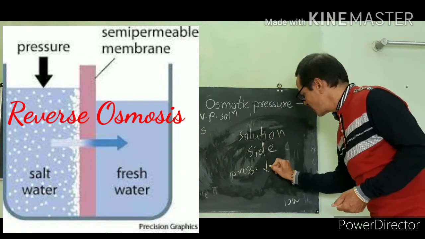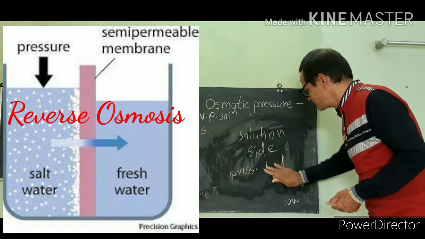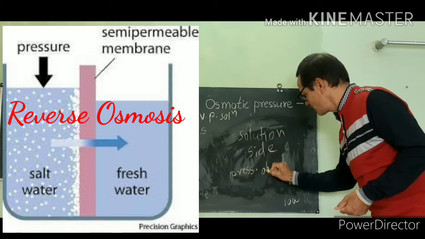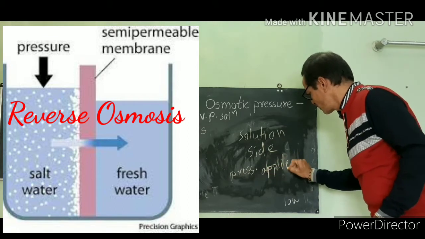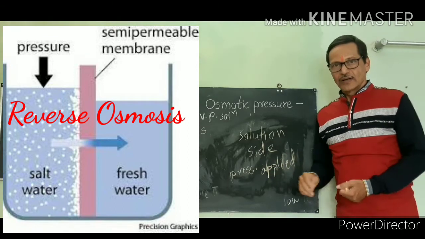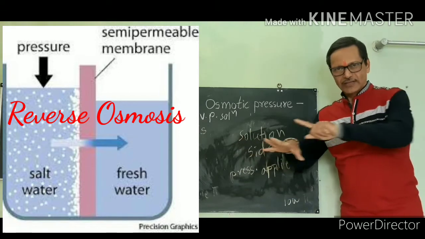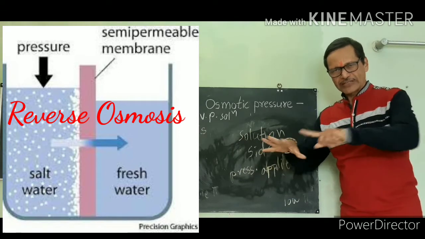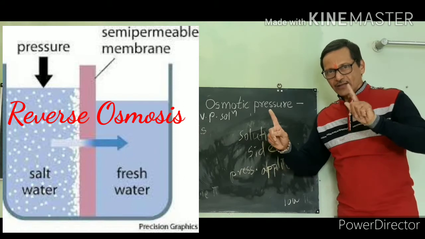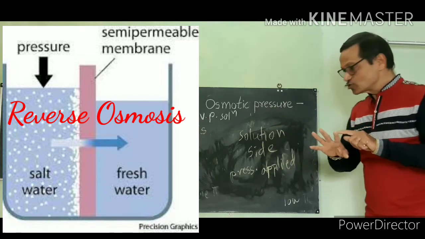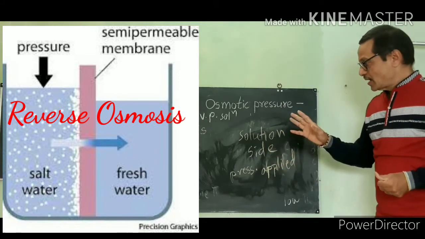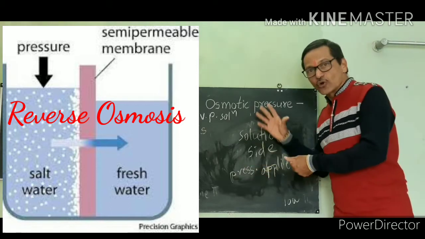pressure is applied. Now both solutions have the same osmotic pressure at equilibrium. Now what happens? There is no osmosis. At this stage, suppose the seawater is on the solution side.